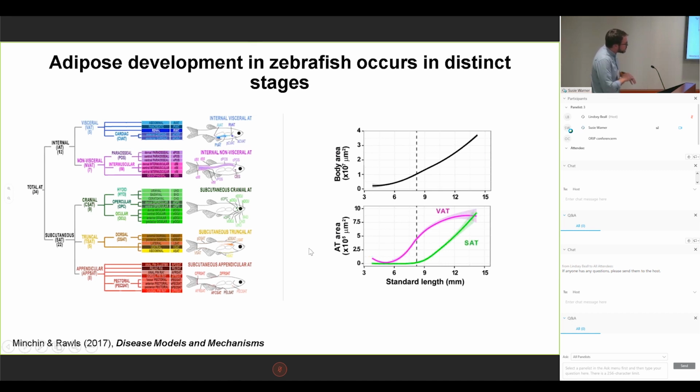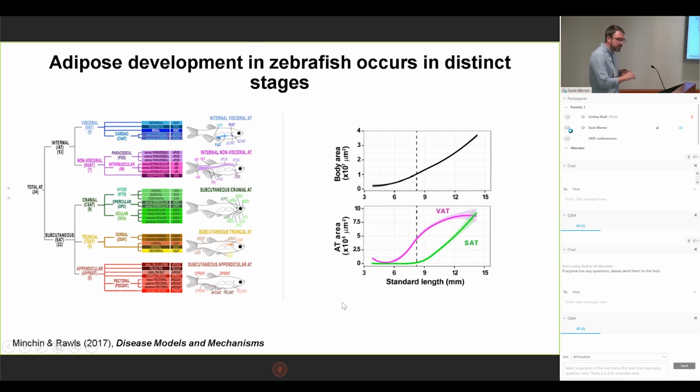And we see very interesting dynamics in how these adipose tissues grow. So on the x-axis is the size of the fish, and on the y-axis for this upper graph is the growth in body area of the fish. And this is about 300, 400 fish here. So this is a line plotted to show the growth. You can see there's very consistent growth in body area across these fish sizes.